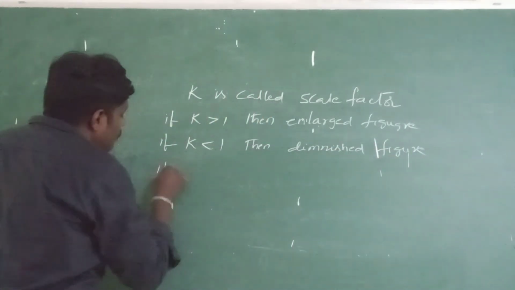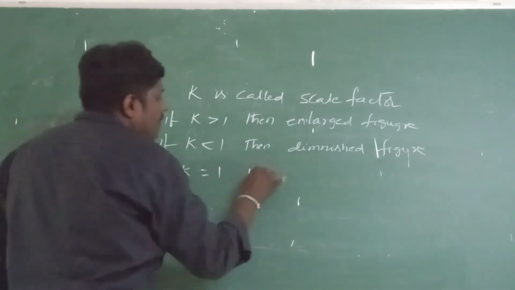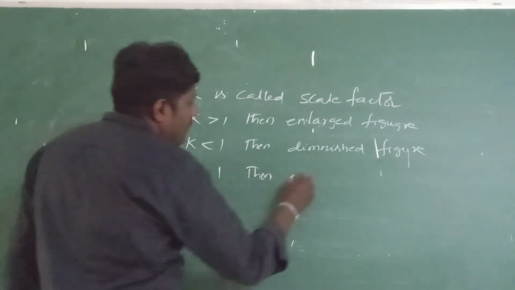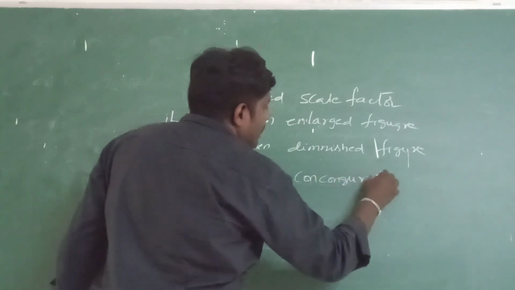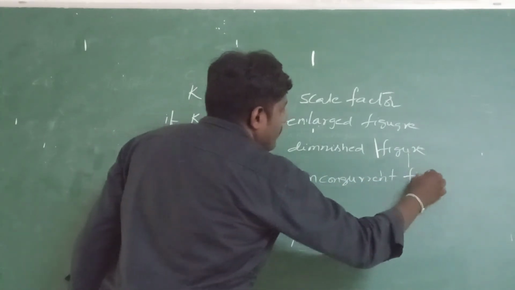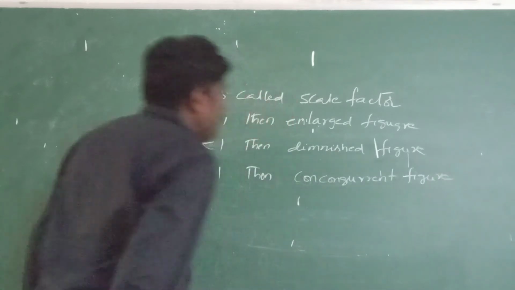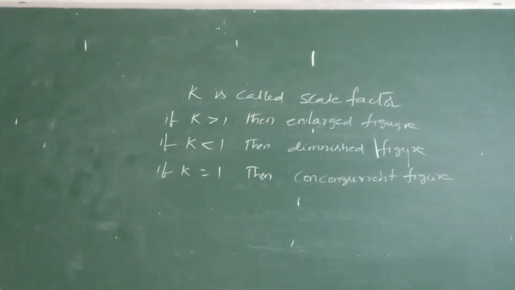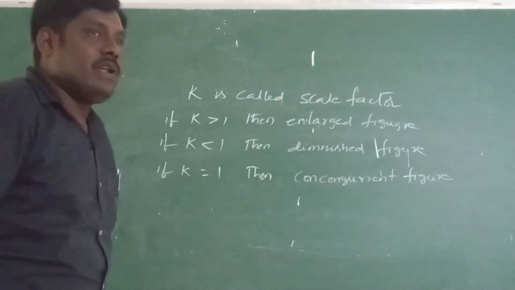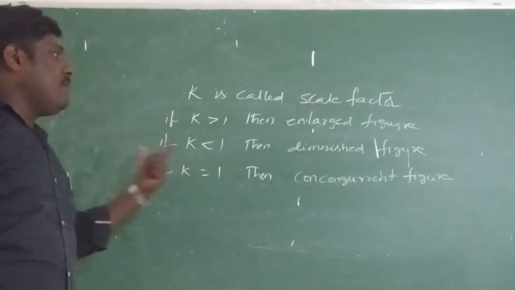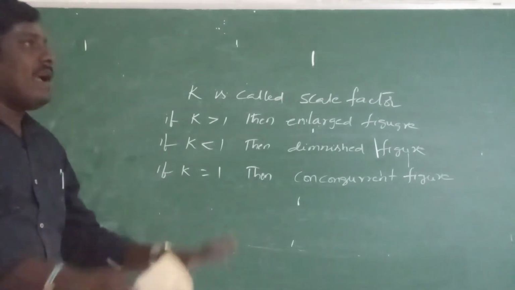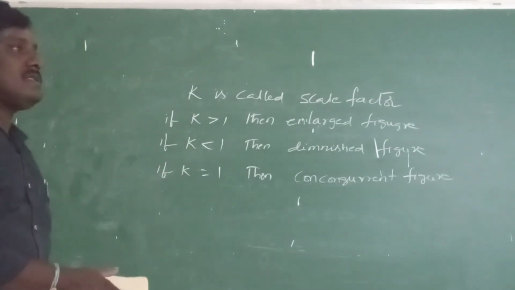If K equals 1, then a congruent figure will come. So whether it is enlarged, diminished or congruent depends on the scale factor only.